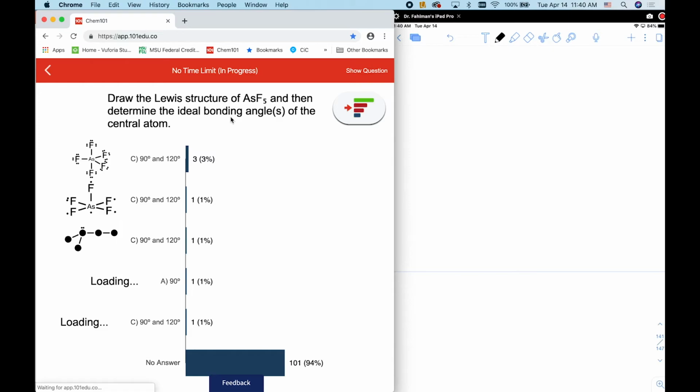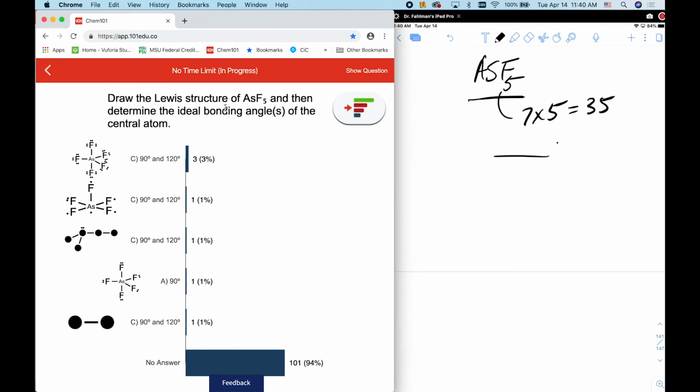Okay, so VSEPR 2. Arsenic pentafluoride. To get the valence electrons, we've got 7 times 5, so that's 35 electrons. And then arsenic has another 5, so that's 40 total. Let me draw this. Five things around it is usually like that.